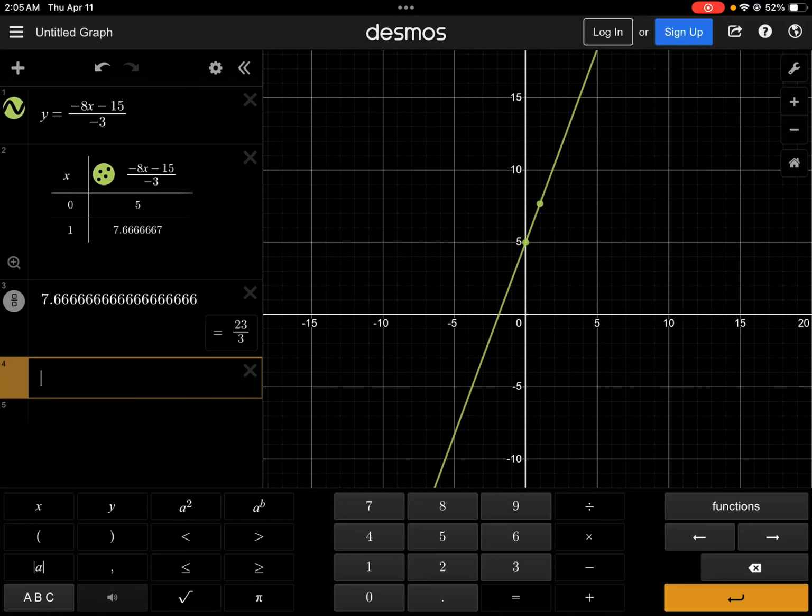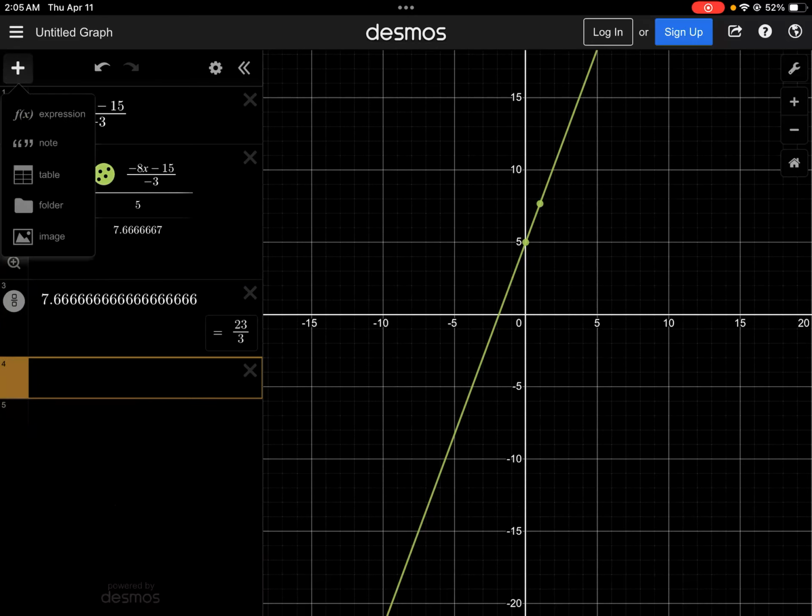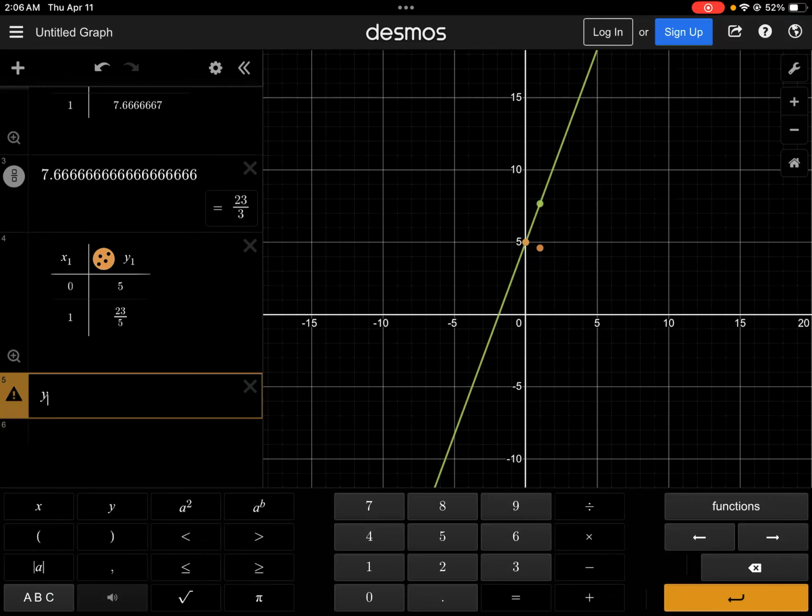Alright, next tab, plus sign, create a table. 0 goes with 5 and 1 goes with 23 divided by 5. I got my chart. Let's ask the graphing calculator to read it.